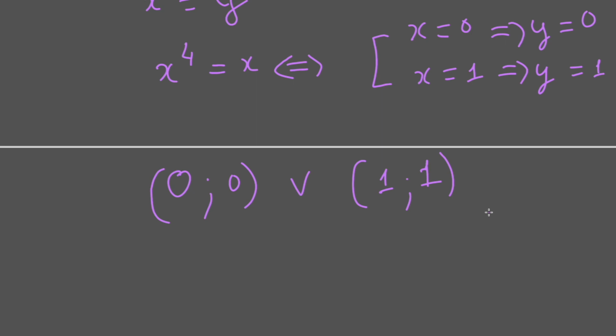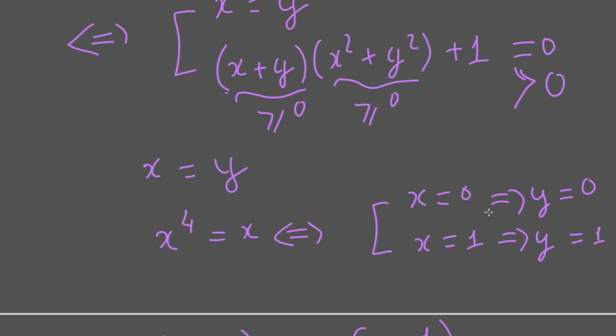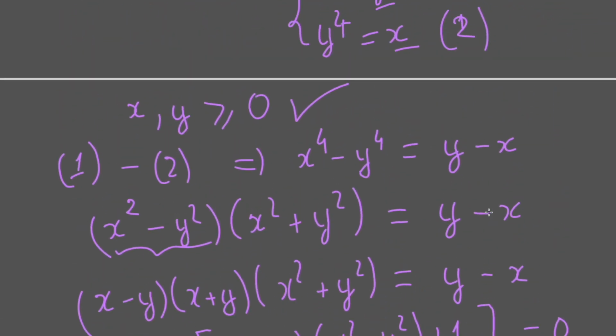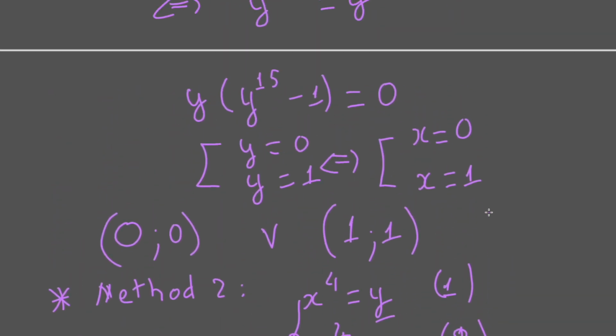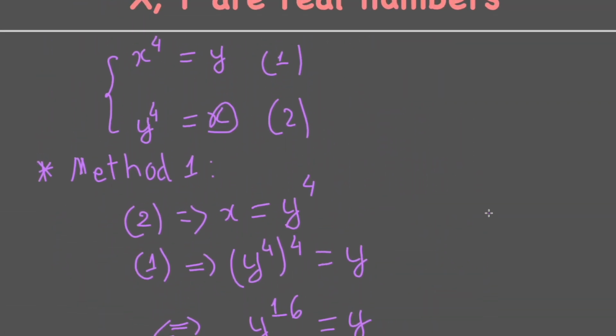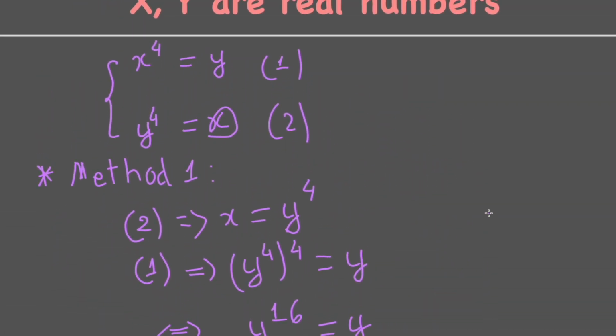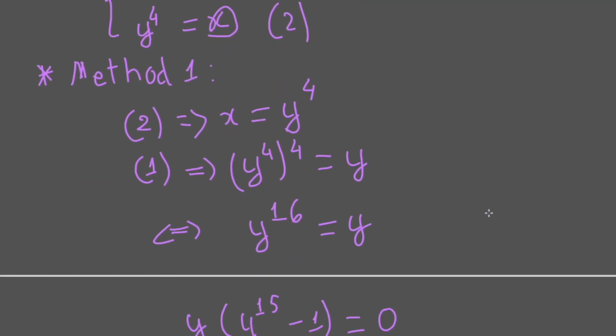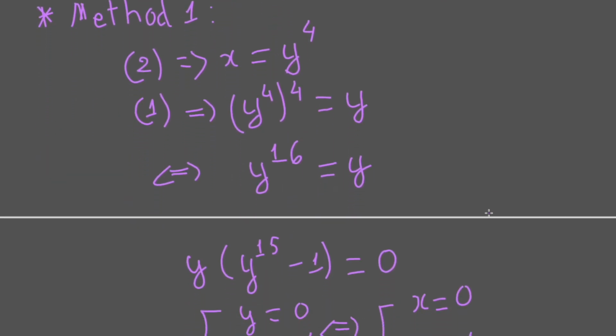That's correct. So why do I introduce two methods for this kind of system of equations? For method 1, in some systems it is easy to replace x from the second equation into the first equation, and you can find x from an equation that has only x. That's a very direct solution.